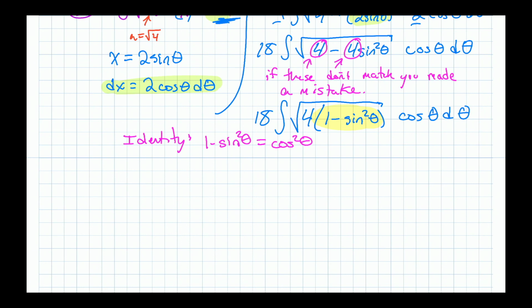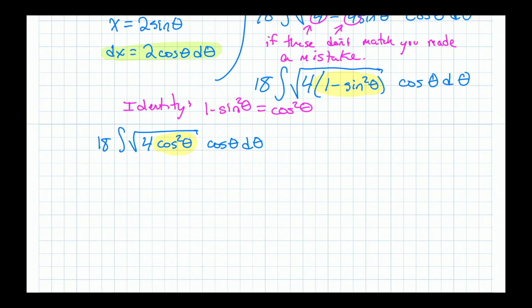And now we're going to make the substitution for 1 minus sine squared theta. So we're going to have 18 integral square root 4, but now, instead of 1 minus sine squared theta, we're going to have cosine squared theta. And then we have another cosine theta d theta on the outside.